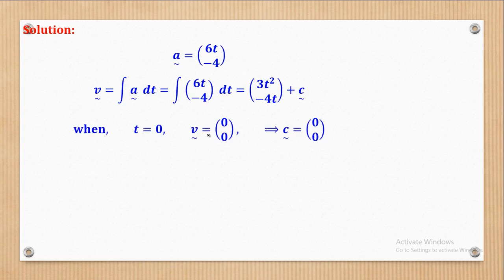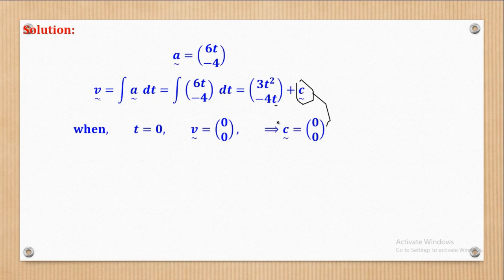Therefore, when t is equal to 0, initially, it implies that velocity was 0 because they told us that the particle was at rest. And when I substitute for t and for v, t here 0 and v here 0, 0, I realize that I remain with c being equal to 0, 0.